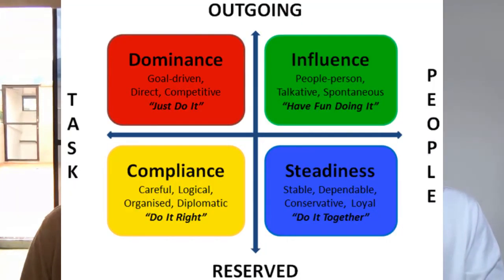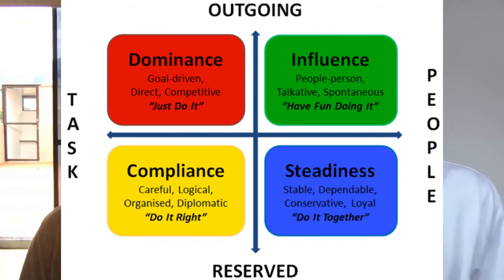The DISC model is primarily used in sales organizations to identify personality types, and there are 4 personality types. DISC is spelled D as in dog, I as in igloo, S as in Sam, and C as in can do.